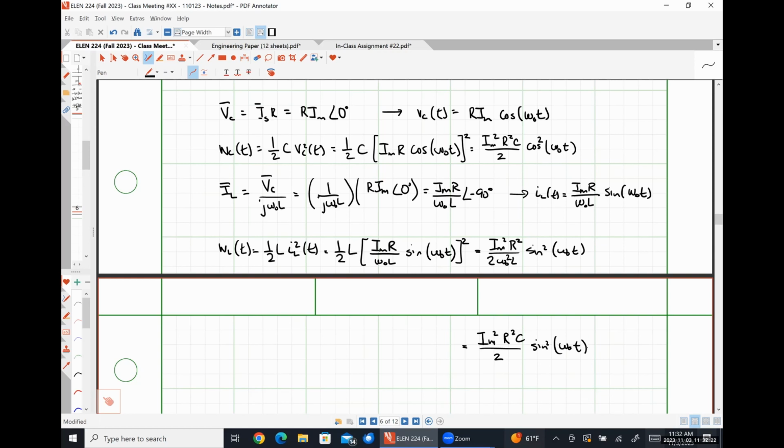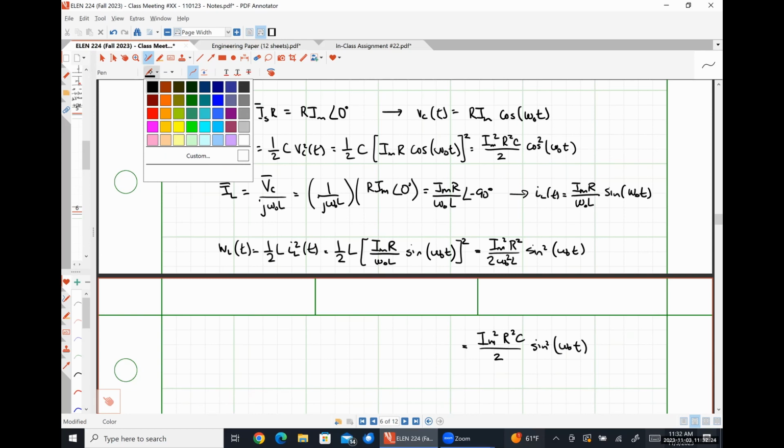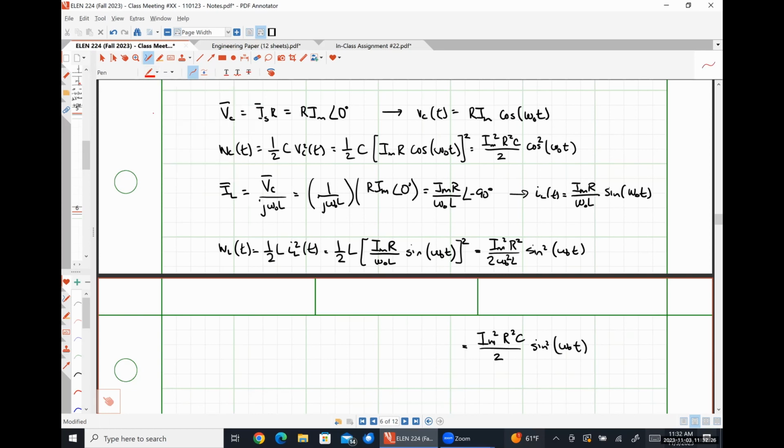Okay, so just to be clear, I'm putting an LC here to get rid of the omega naught squared down there. This L cancels this L, and all I'm left with is Im squared R squared C divided by 2, which is the exact same magnitude I see for my capacitor stored energy.